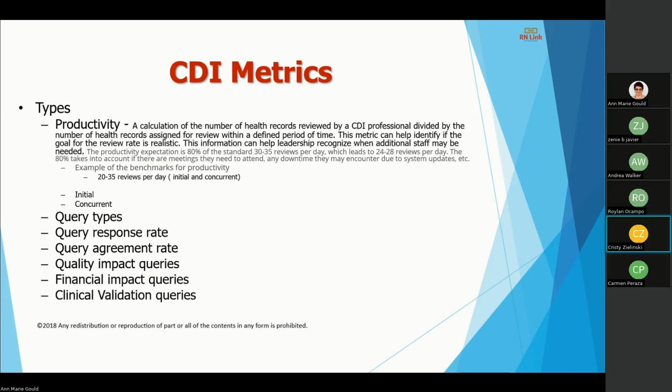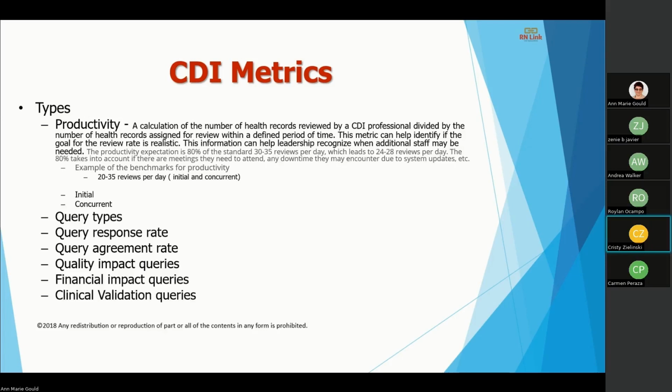Whether they agree or not, they're still working with you. Agreement rate means you are able to educate the doctor through your query so they agree to whatever you're asking. Those are the two metrics they look at to see whether it's successful or not.